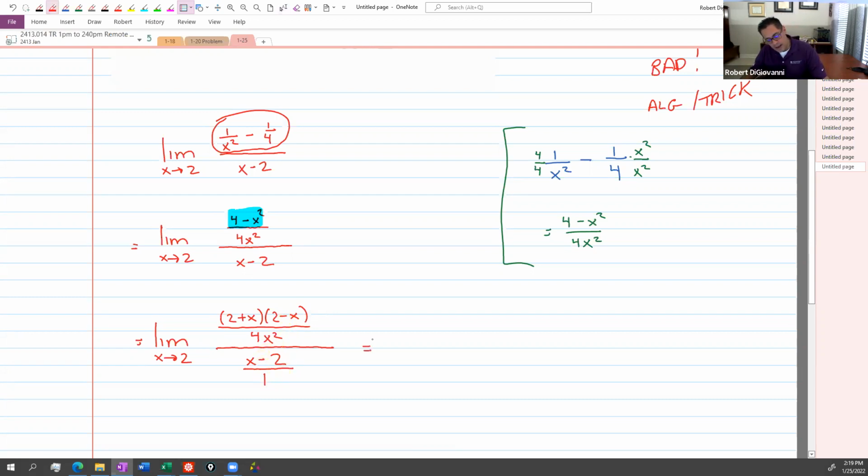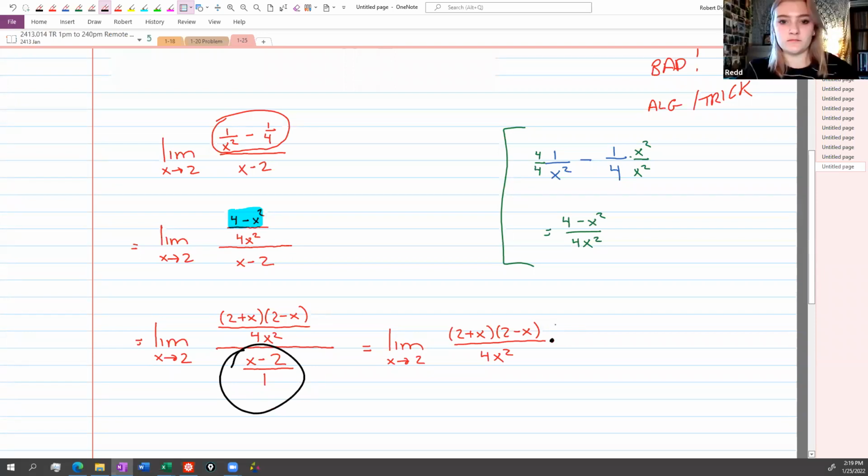The reason I'm doing that is because whenever you have a fraction divided by a fraction, it's the same as taking the top fraction and instead of dividing by this, it's equivalent to doing multiplication of what?